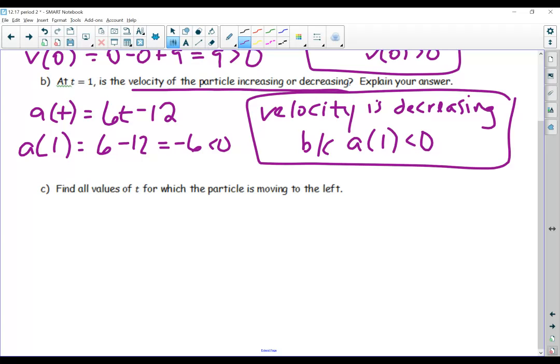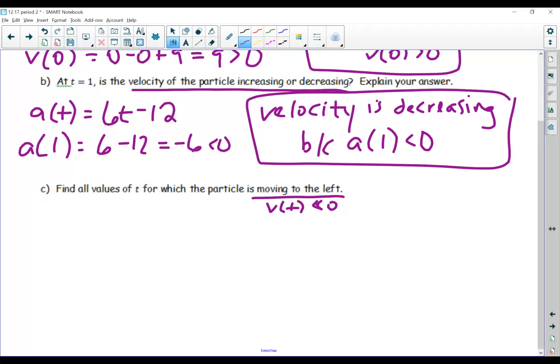Find all values of t for which the particle is moving to the left. If I want to figure out when my particle is moving to the left, I'm trying to figure out where my velocity is negative. So let's analyze my position function by looking at which way it's moving when.